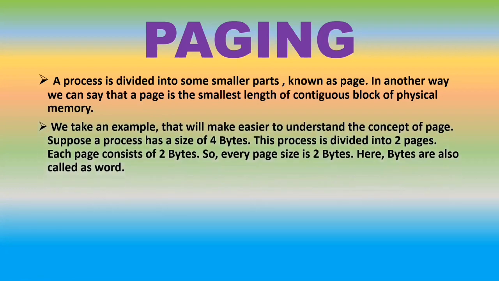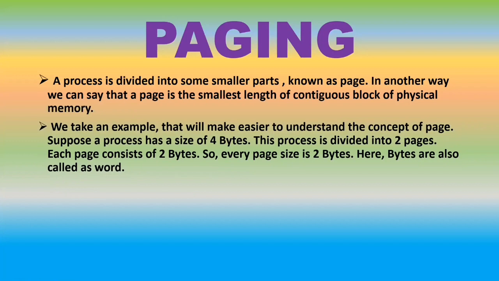Suppose a process has a size of 4 bytes. We already saw that a single frame cannot contain a single process. So suppose this process is divided into two pages.